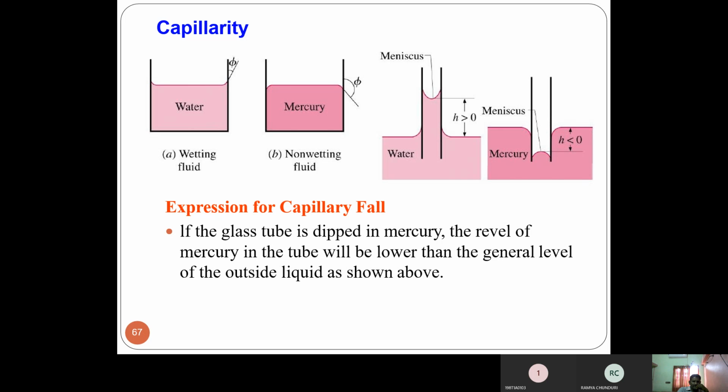Come to this expression for capillary fall. If the glass tube is dipped in mercury, the level of mercury in the tube will be lower than the general level of the outside liquid, as shown in the figure.